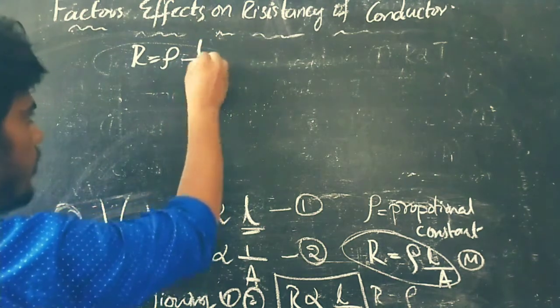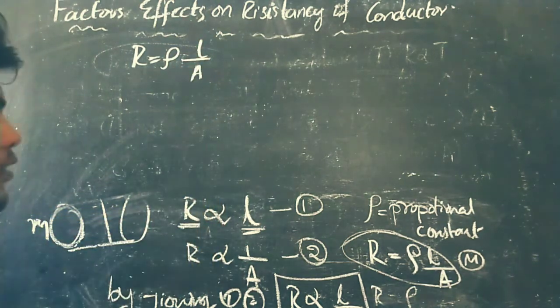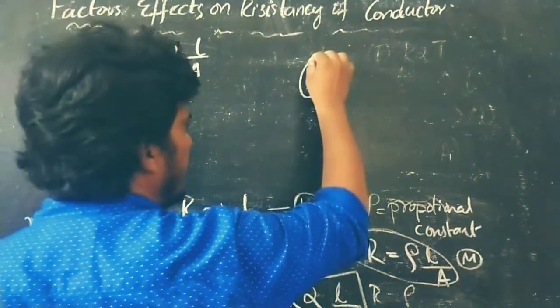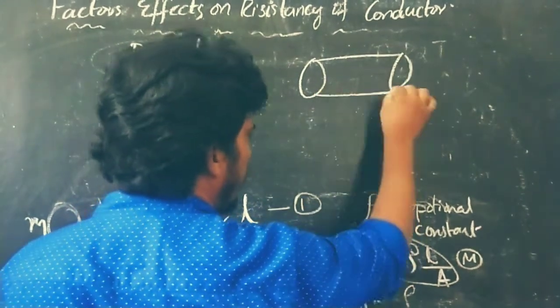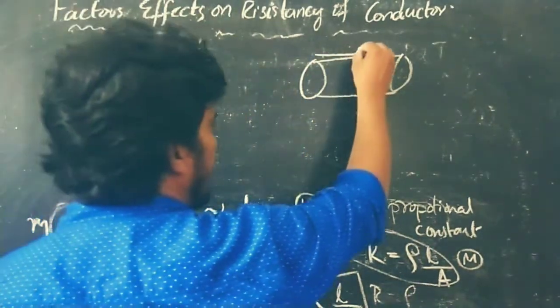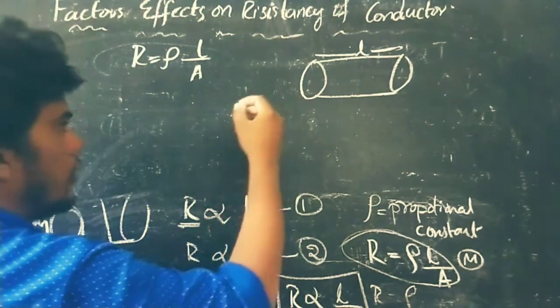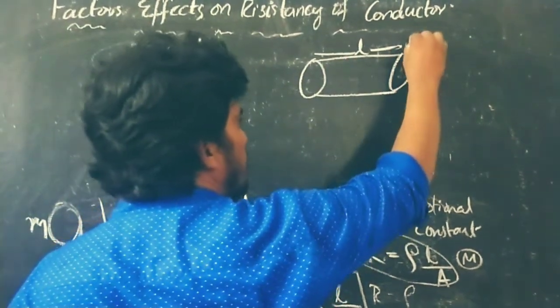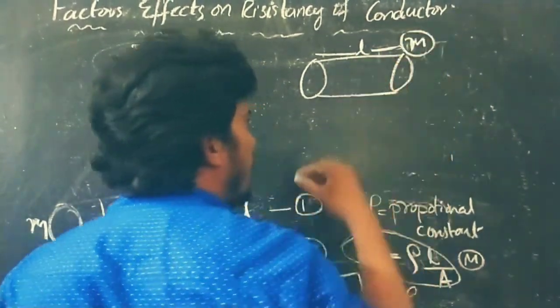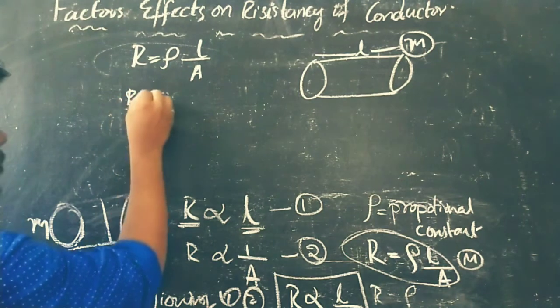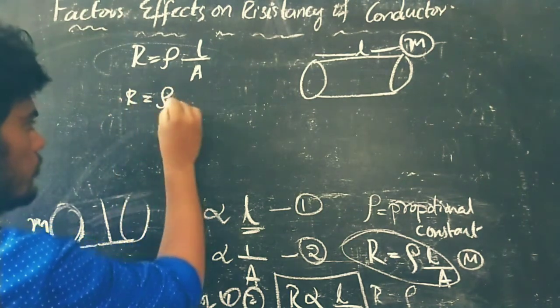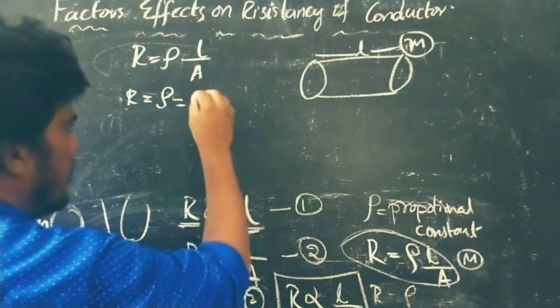For example, if it is a conductor, the length of the conductor is L. The unit of length is meters. So R equals rho times length in meters.